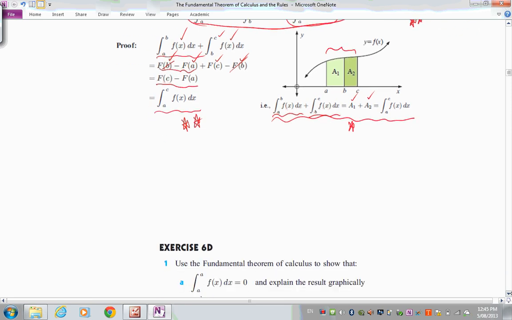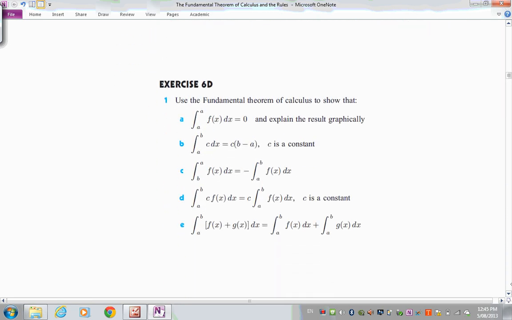Alright, come down and I want you to think about these. Use the fundamental theorem of calculus to show that that's true and explain the result graphically. You can try to do each of them by substituting into the fundamental theorem. Remember, the integral from a to b, the infinite rectangle sum under the graph of the function f of x, is equal to the antiderivative evaluated at the second point minus the first, where F dashed x is f of x.